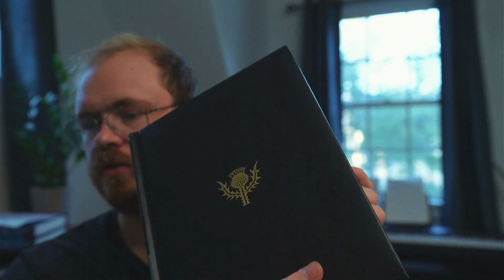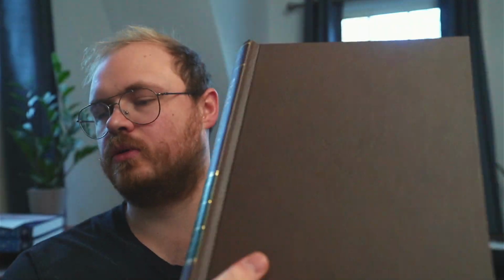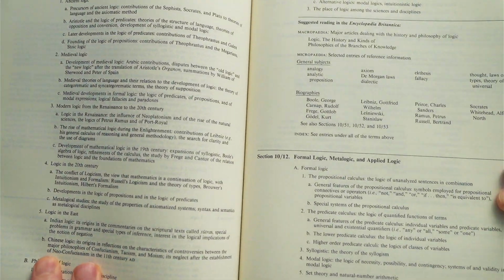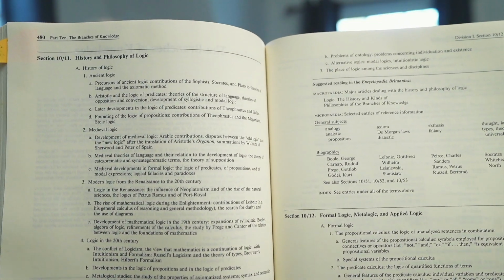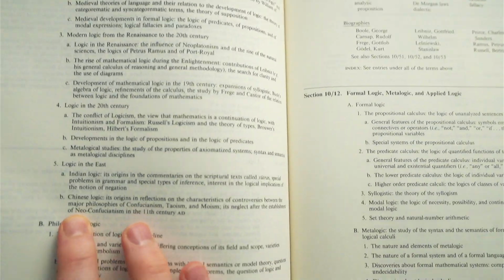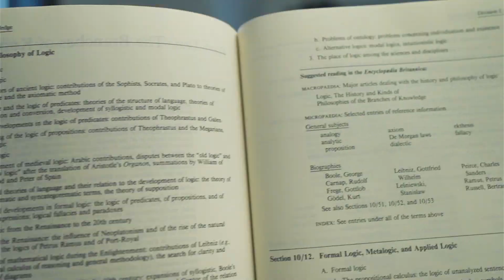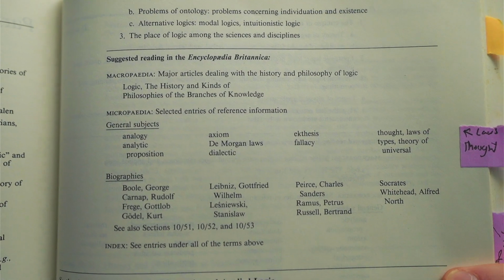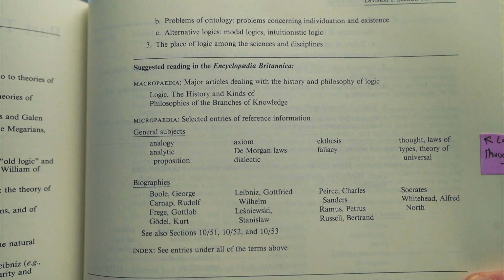So this is the old 1984 edition. Now we're in the newer 1989 edition. We're in section 1011. We go down to B, Philosophy of Logic. And then we go to 3, the place of logic among the sciences and disciplines. And there's no subpoints there.